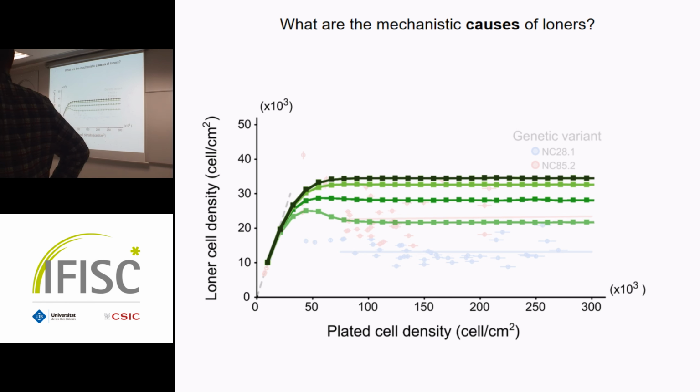So for the model with alphas, we start with a population of cells with different strains.